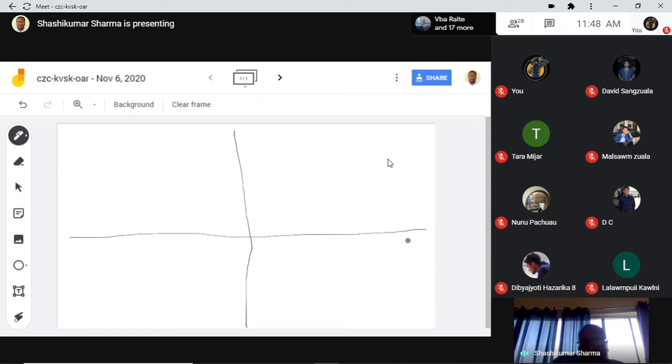You have x-axis, x dash, and you have y and y dash, right? This is from 0 to 1 and this is from 0 to minus and so on. So this side is nothing but negative, means minus sign, and this side is plus sign.